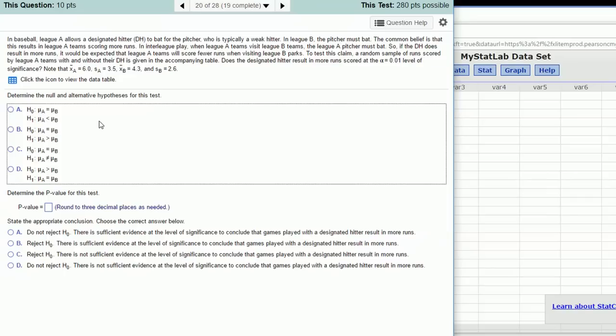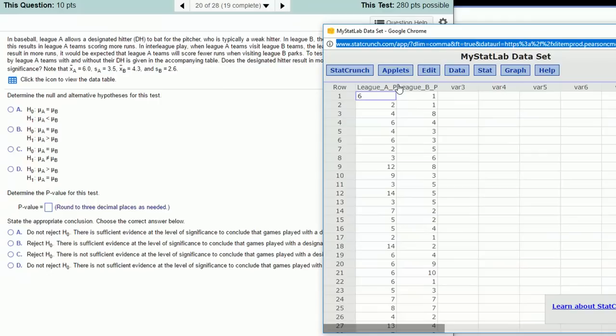So it's saying that if the designated hitter does result in more runs, it would be expected that League A teams would score fewer runs when visiting League B parks. So, with and without their designated hitter. So let's see.